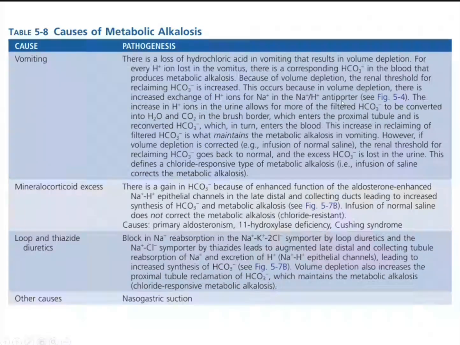So there are exchanges, sodium and H plus antiporter. Increase in H plus ions in urine allows for more of the filtered bicarb to be converted into CO2 and water. So these are the mechanisms. Other causes like we saw, diuretics and mineralocorticoid excess. Even iatrogenic causes like nasogastric suction can lead to metabolic alkalosis.